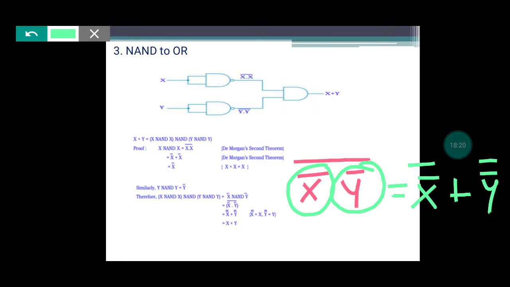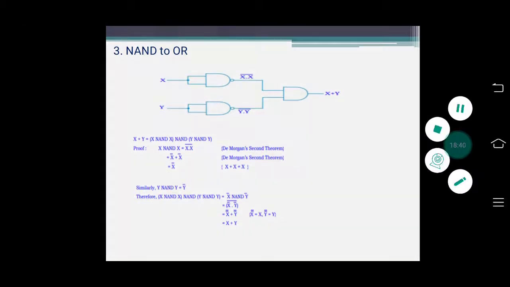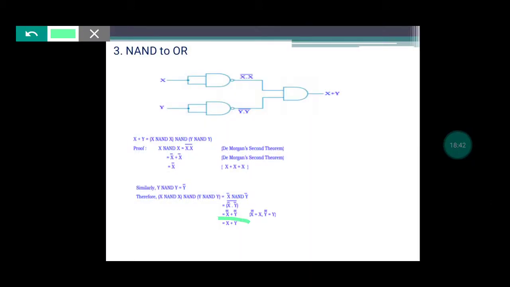This will be the expansion using De Morgan's theorem, and that is what they have written here. Just now we saw x bar bar gives us x only, and similarly y bar bar gives us y only, since the complement of the complement is y only. The same results have been put here and we got x plus y, which is nothing but an OR operation. So I'm telling you there is a mistake, just make a bubble here.